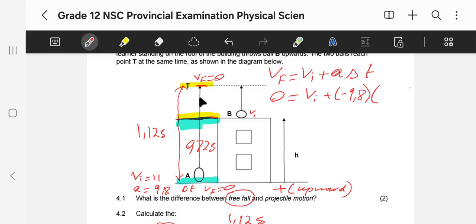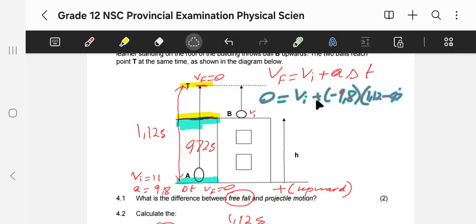The time is the difference here. So I said that the difference we'll find by saying 1.12 seconds, the total time traveled by ball A, minus the time after which ball B was thrown. So it's going to be 1.12 minus 0.72. Let me just try to make this fit in.